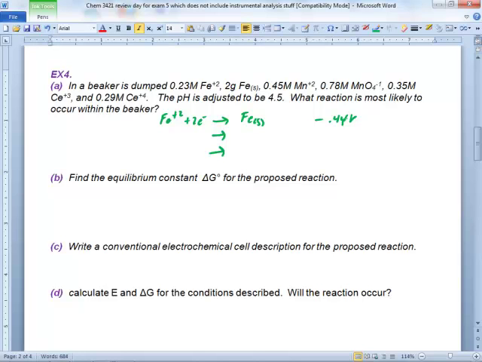That's a long one. Cesium. Is that even in here? Oh, it is in here.